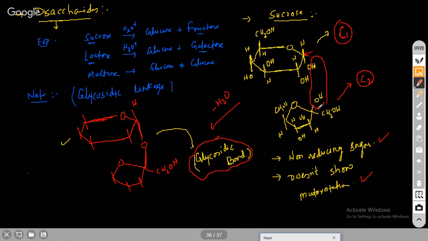And this is the anomeric carbon. Yes or no? Why is it anomeric? Because OH and OR are attached, right? So whenever the anomeric carbon is involved in condensation, then it is non-reducing. First thing is this. Here you see this carbon and this carbon are involved in the reaction, so the product that you get here is non-reducing.